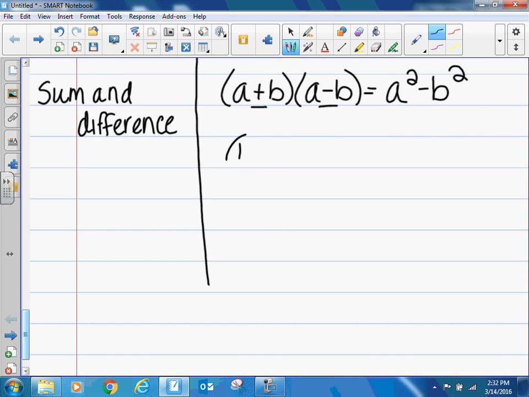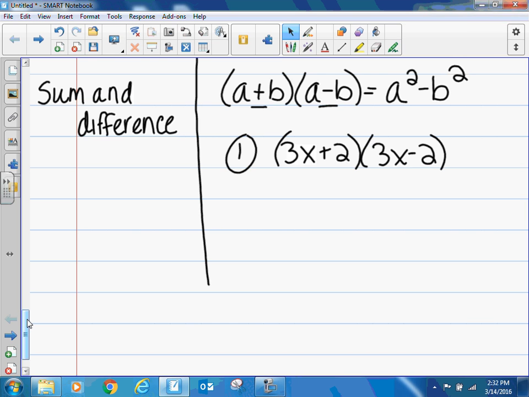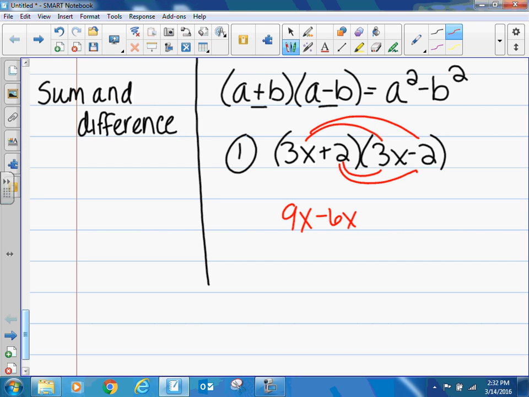So if I have the example 3x plus 2, there's my sum, 3x minus 2, there's my difference, and I FOIL this, I get 9x squared minus 6x plus 6x minus 4. These two here right in the middle, negative 6x and positive 6x, that's going to happen every time where these two cancel out, and all you're left with is 9x squared minus 4.